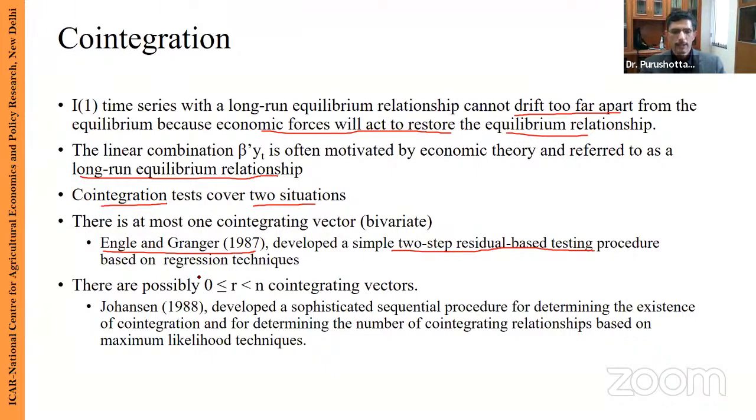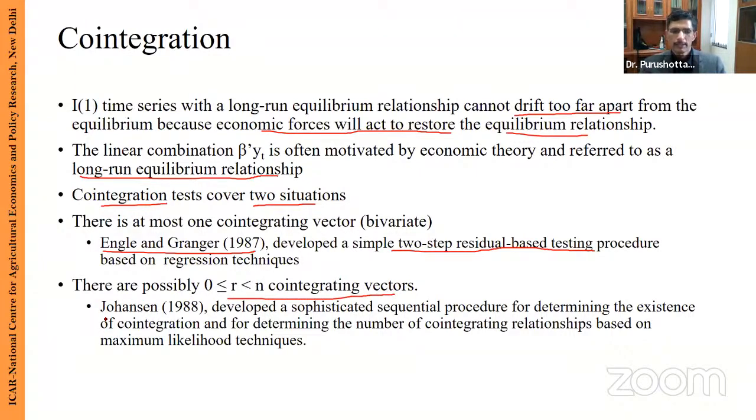And there is another, if there are a number of markets rather than only two, and we want to see the integration in more than two series or more than two markets, maybe 5 or 10. Then there will be r co-integrating vectors.